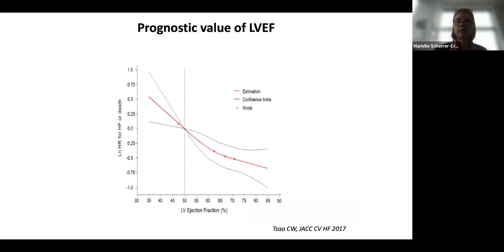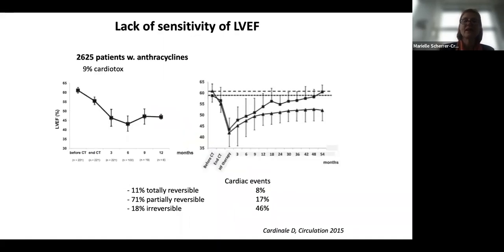And I really like this graph by Connie Tsao. This again comes from the Framingham data. What she shows here is that the prognostic value of the LVEF for heart failure and death is actually sort of a continuous curve. And that's how we should see it, rather than, again, getting hung up on one number, which people can't always agree on anyway. So what are the pitfalls of LVEF?